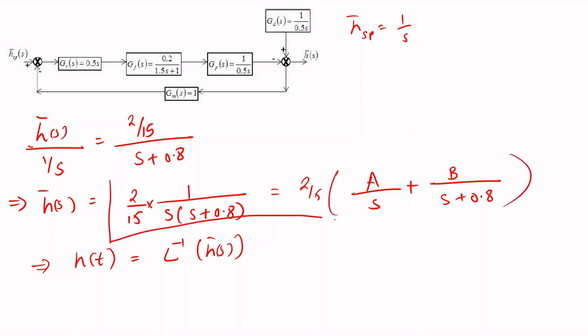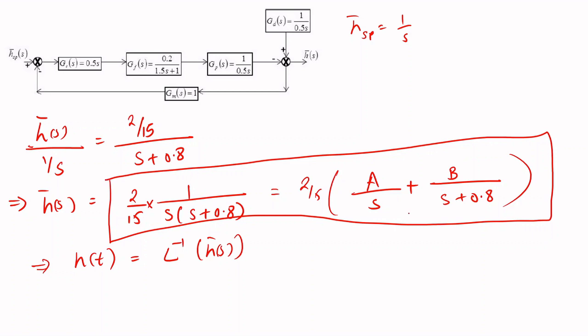Now using this equation we have to find the values of A and B. First we multiply the equation by s, and then we get the value of either A or B. Then we multiply the equation by s plus 0.8 and put s equal to minus 0.8, and we get the other coefficient. Solving this partial fraction, we get A as 1/0.8 and B as minus 1/0.8.